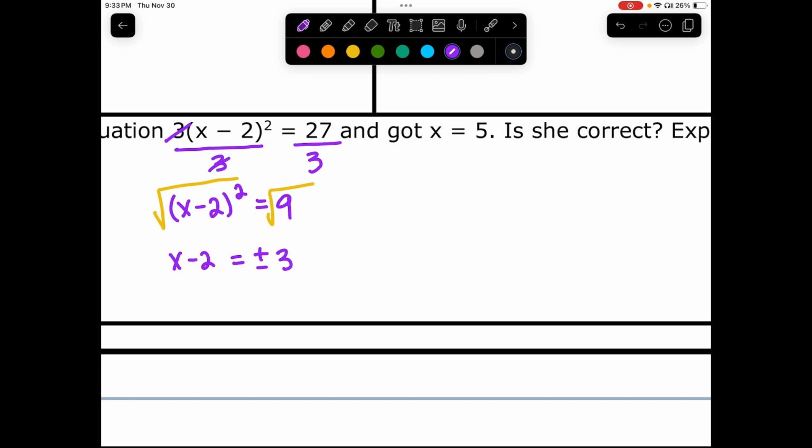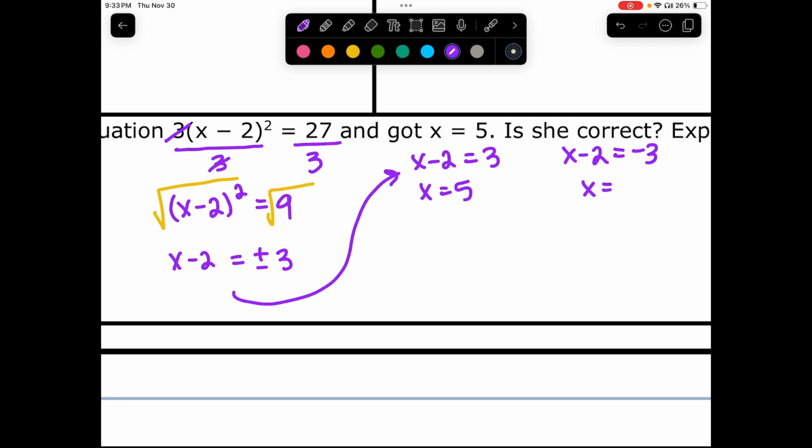So from here, I'm going to go ahead and split this up. x minus 2 equals 3, x minus 2 equals negative 3. You can split it up now or later. And so if I add 2 to both sides, I get 5. If I add 2 to both sides, I get negative 1. So Jada is partially correct, but she's not fully correct.